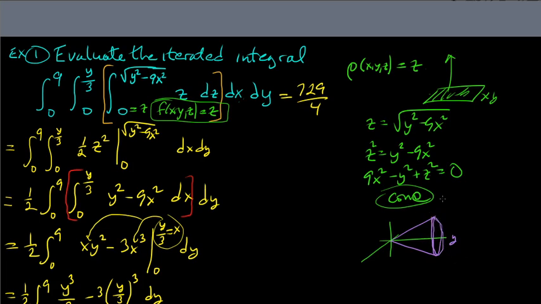So that's the surface, and then again, we're only going between y equals 0 and some line here. This is x equals y over 3, or y equals 3x. So between 0 and that, and then y goes from 0 to 9. So here's 9, here's 0.